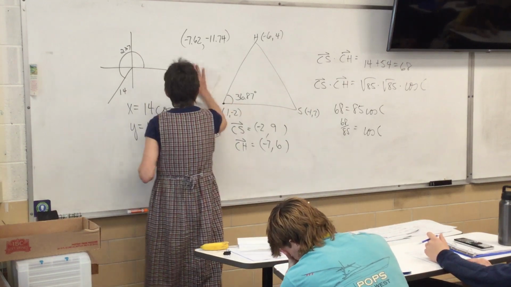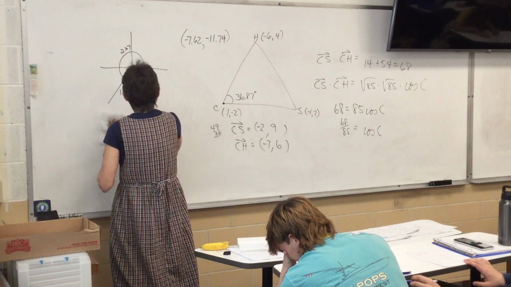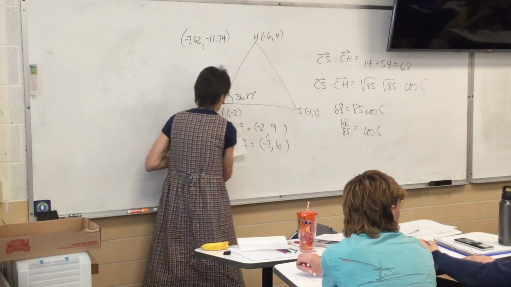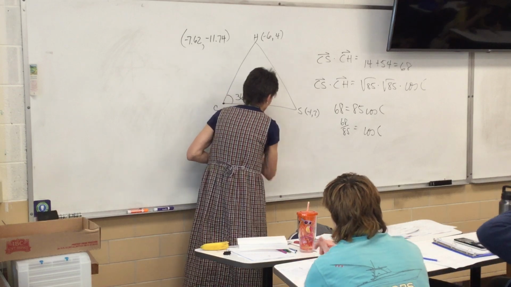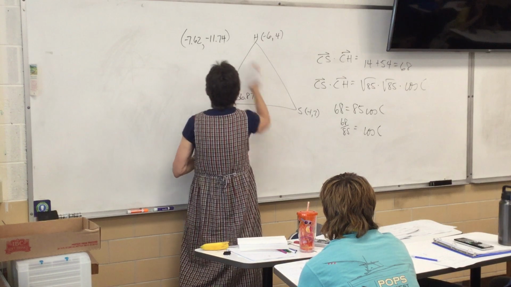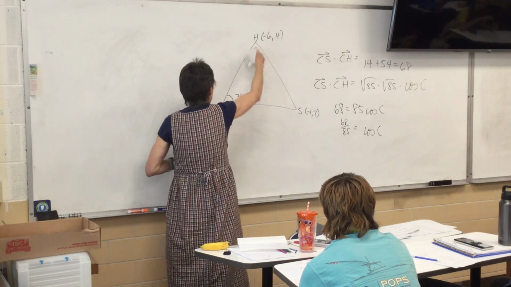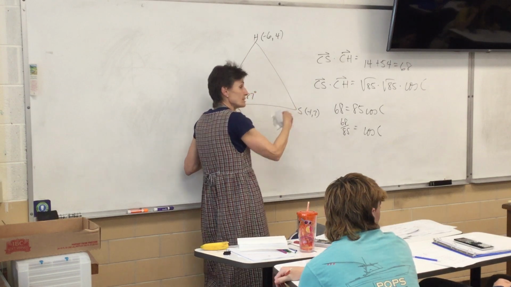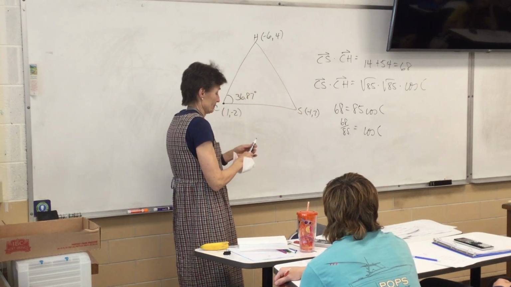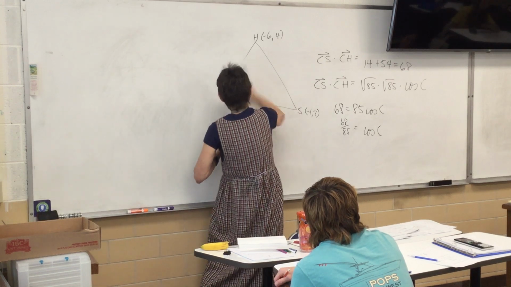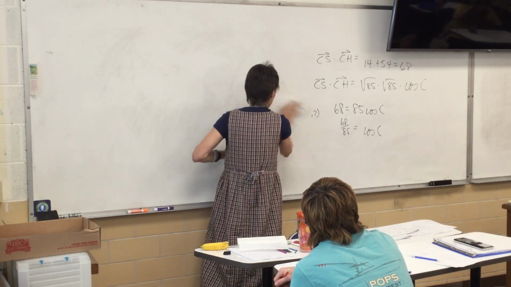What vectors would I use if I wanted angle H? HC and HS. So if you use this method, it's really important that you start out with the right vectors. So be careful. Pay attention to the angle you're after.